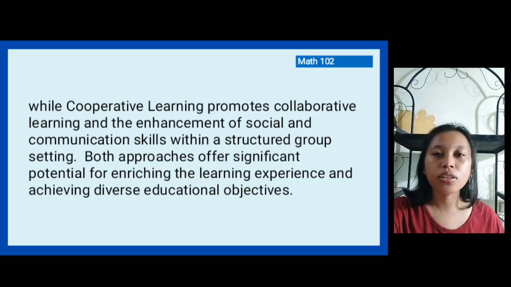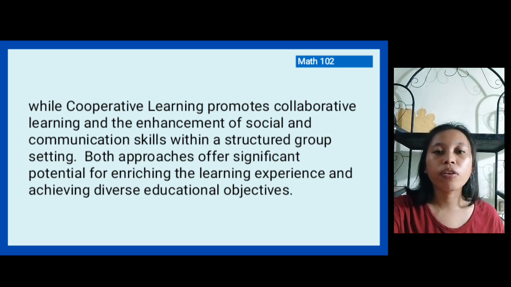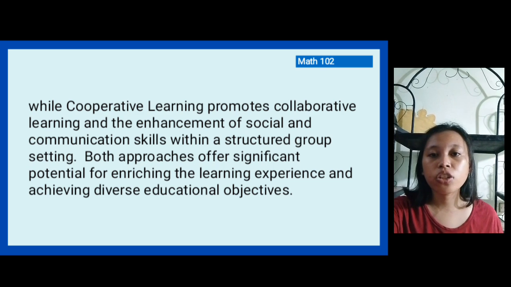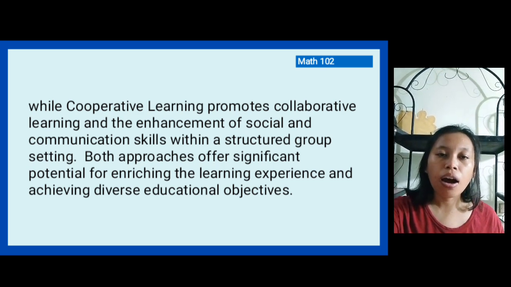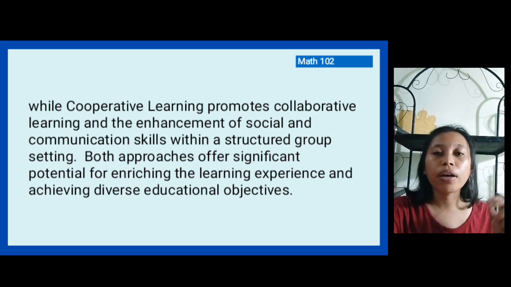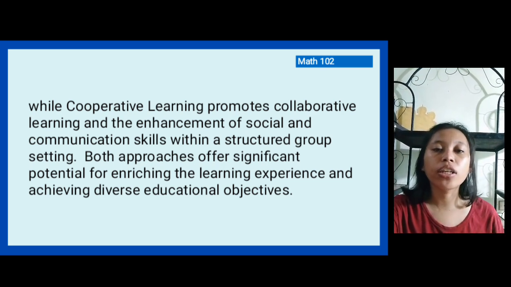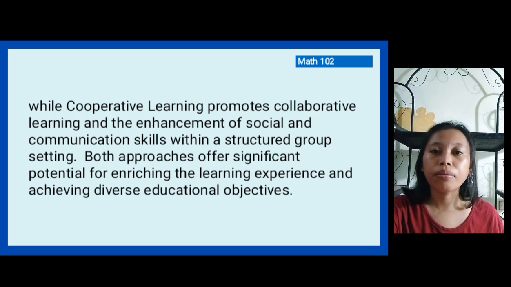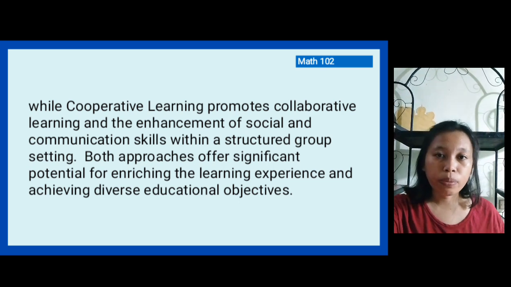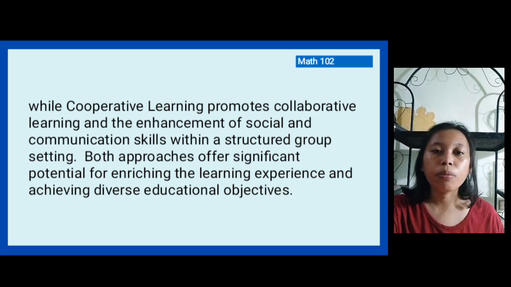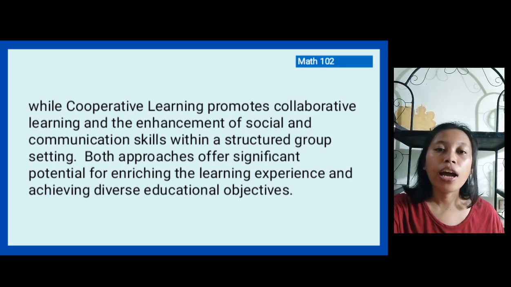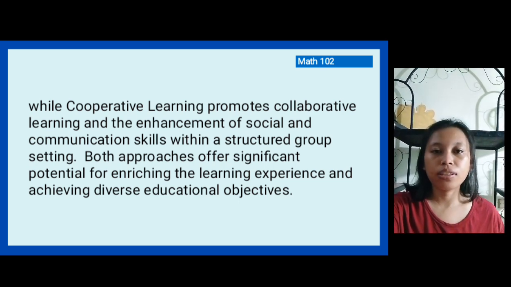Both approaches offer significant potential for enriching the learning experience and achieving diverse educational objectives. Both enhance education by fostering active engagement, skill development, and collaboration, making them valuable strategies for achieving diverse learning goals.